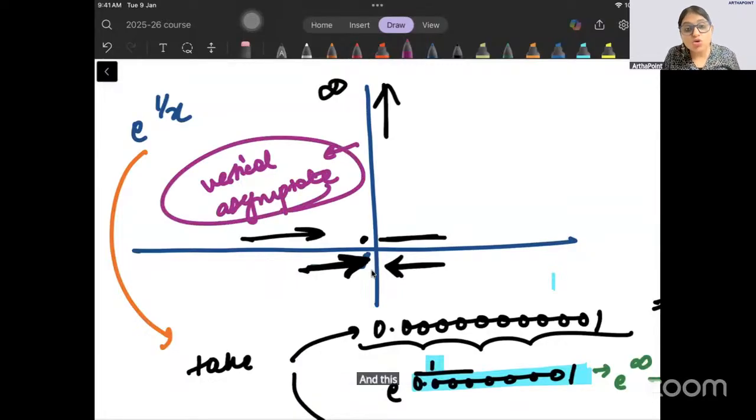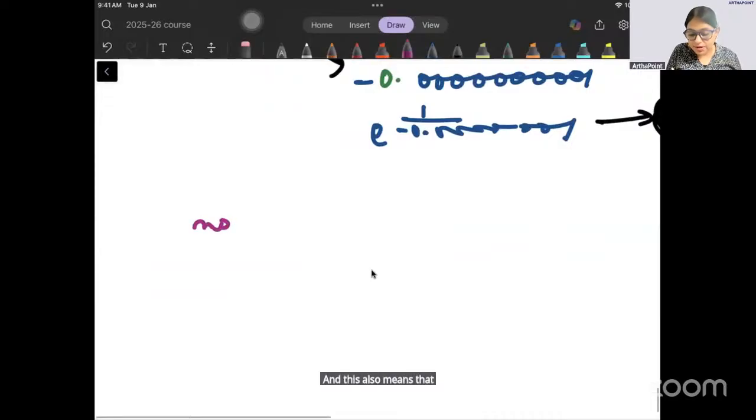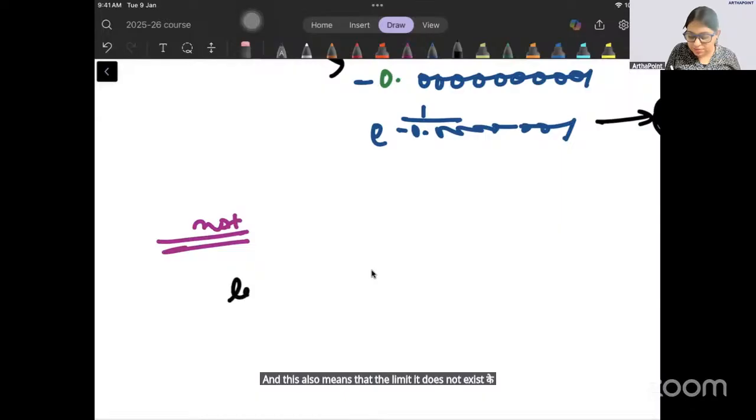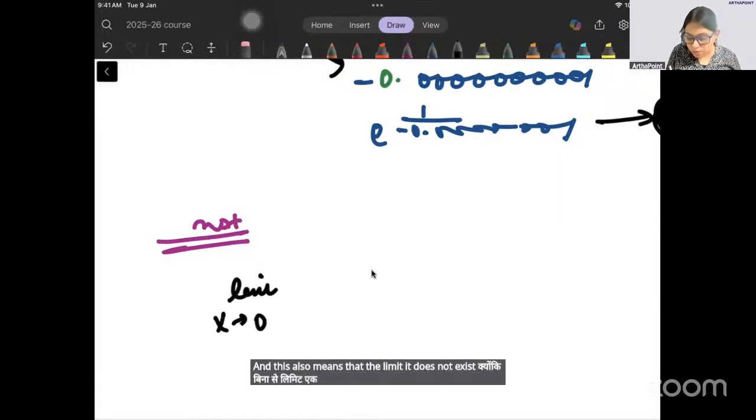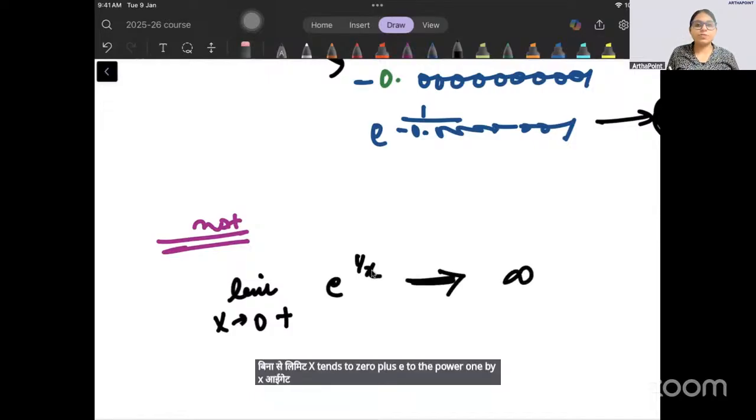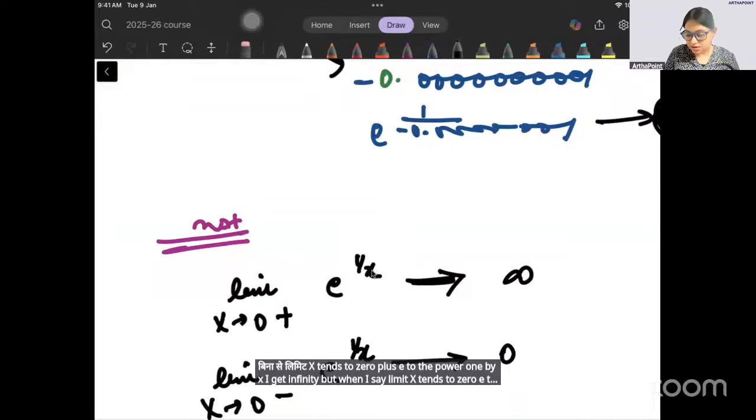And this also means that the limit does not exist. Because when I say limit x tends to 0 plus e to the power 1 by x, I get infinity. But when I say limit x tends to 0 minus e to the power 1 by x, I get 0.